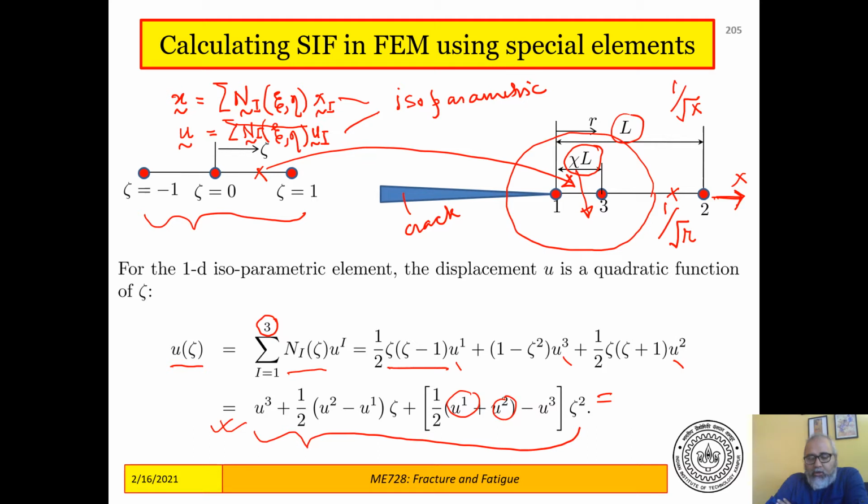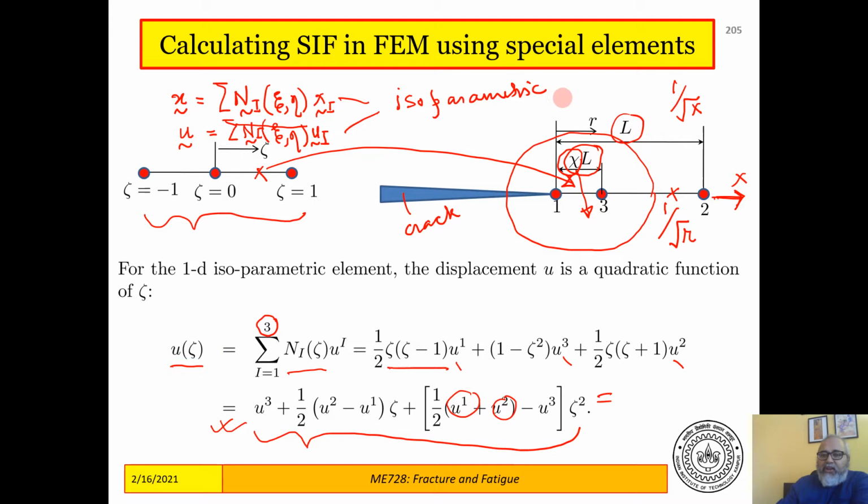Okay, so what we are going to show is that if you choose this chi factor appropriately, in other words, if you move this mid node 3 towards node 1 by an appropriate amount, then you can have the 1 by square root r singularity reproduced in this approximation.